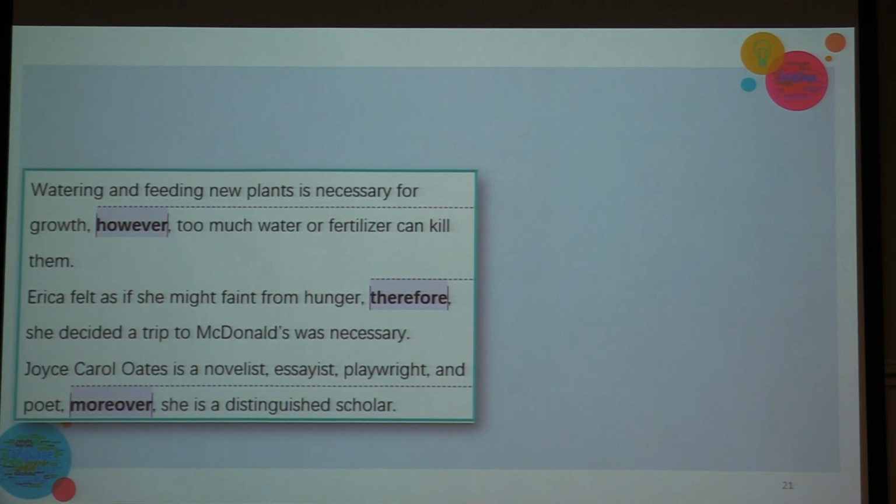Well, now look at these three sentences. What's wrong with the use of the three connectors? You can see that the three words are all used as conjunctions, right?